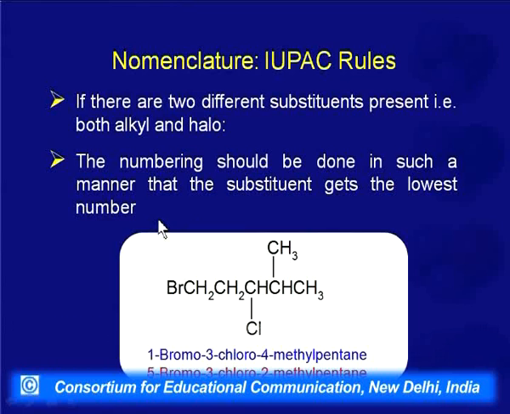So here again we have an alkyl substituent, that is methyl, and there are two halogen atoms as substituents in this particular molecule. Now the first position has bromo, and here we have the second position as methyl. So obviously we will start numbering from here, and we will have 1-bromo-3-chloro-4-methyl pentane as the correct name of this molecule, and not 5-bromo-3-chloro-2-methyl pentane.